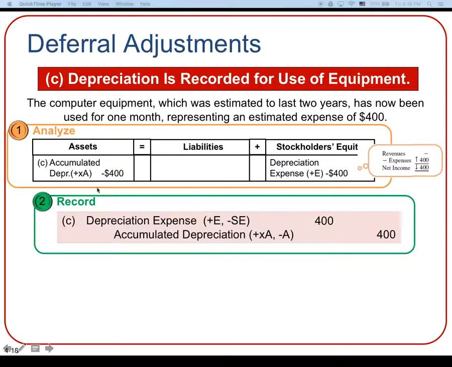It's negative because it's a contra asset account, a reduction to your asset. So any contra asset account or reduction of my asset account should be a credit, right? An increase in expense is a reduction to my equity account, so you debit it, right?